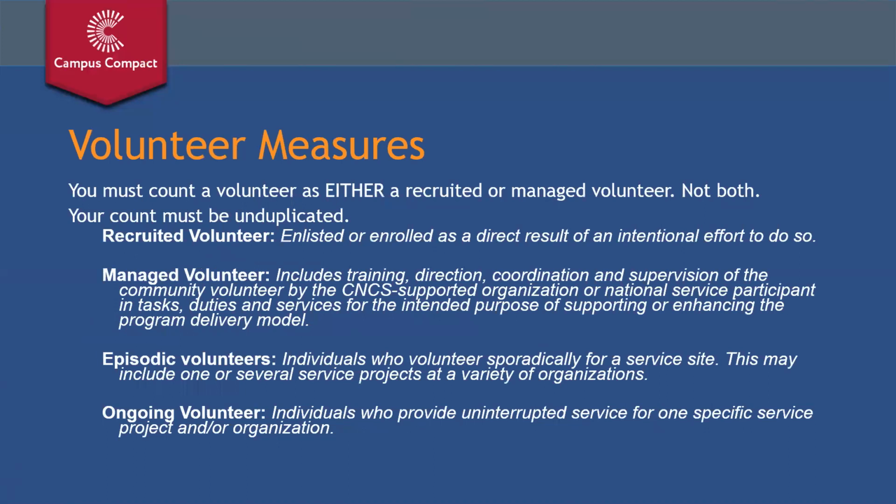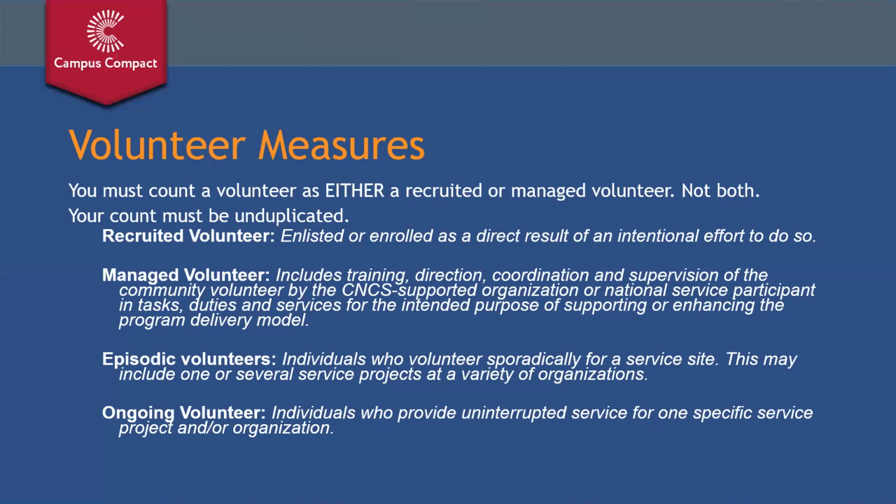When it comes to how these things are defined, one thing I want to make absolutely clear is that you have to count a volunteer as either a recruited or a managed volunteer. You can't do both. And also that count has to be unduplicated. These are the definitions that CNCS gives. Recruit: volunteer, enlisted, or enrolled as a direct result of an intentional effort to do so.